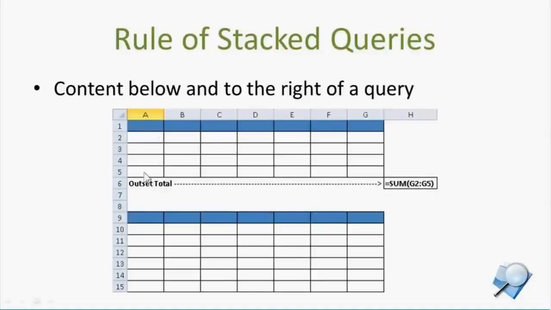So when this top query expands and goes from 5 rows to 7 rows, it's only going to push down the stuff below columns A through G. Column H, this sum, is going to be left behind. It's going to stay on row 6. So we want to make sure that we address that the same way by putting in those placeholder formulas so that my sum gets pushed down along with everything else.